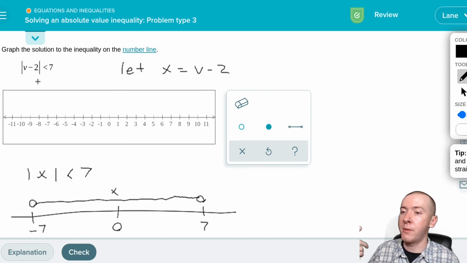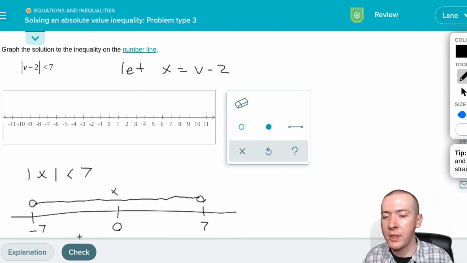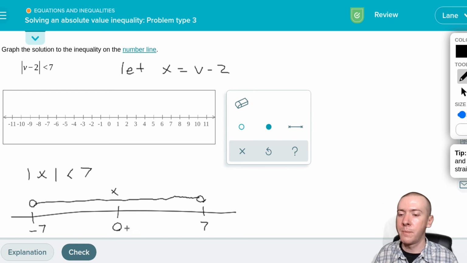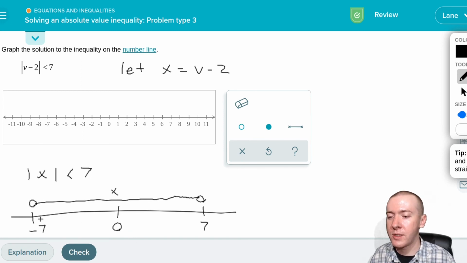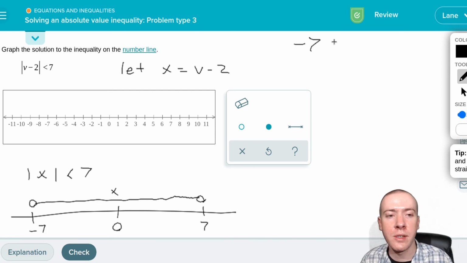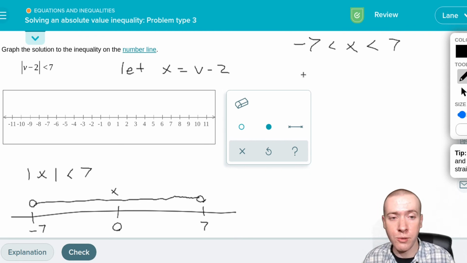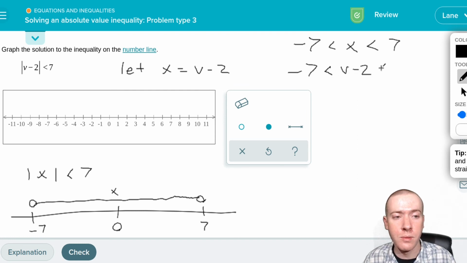To come up with the graph of v, which is our answer, we need to first write an inequality that represents this graph down here without absolute values. This graph means x is between -7 and 7. So we can write -7 is less than x is less than 7. Now, since x equals v minus 2, we can replace x with v minus 2.